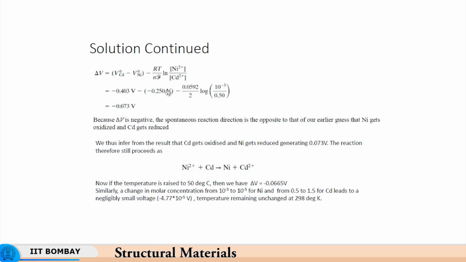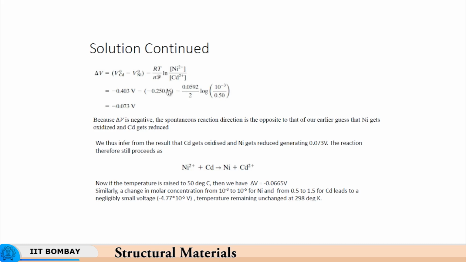Since the temperature is the standard temperature of 298 Kelvin, that is 25 degrees centigrade, with R the gas constant, all this taken together gives us this value. Actually RT upon Faraday's constant will give us 0.0592.